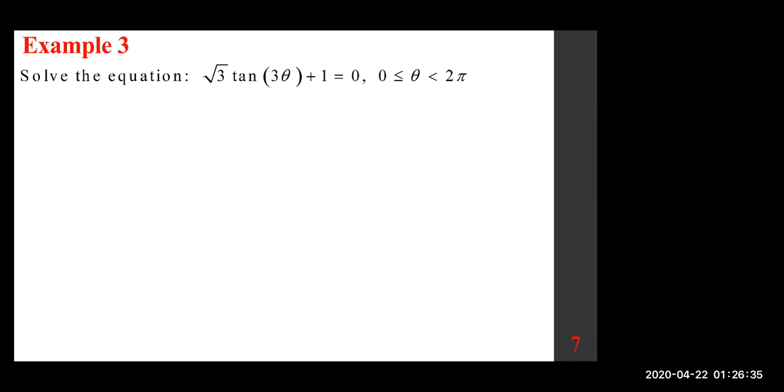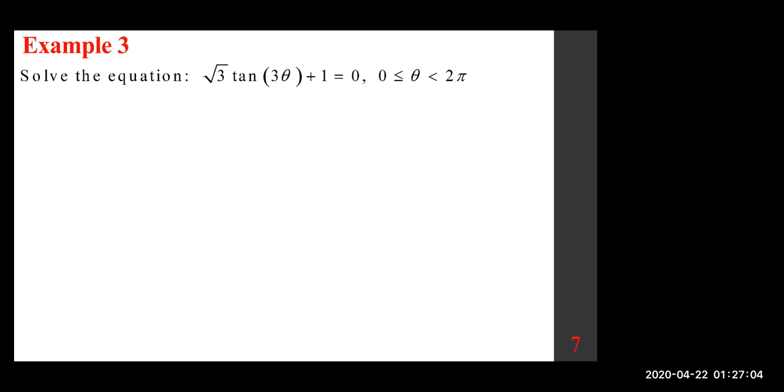We are looking at this question: square root of 3 tan 3 theta plus 1 is equal to 0. We are interested in the answer from 0 to 2 pi. All right. The trick, whenever you have multiple angles, is to write the general solution, and then from 0 to 2 pi, you decide what's the answer.